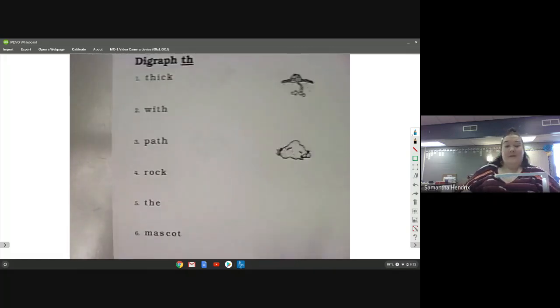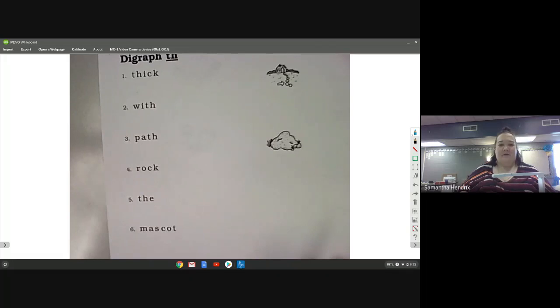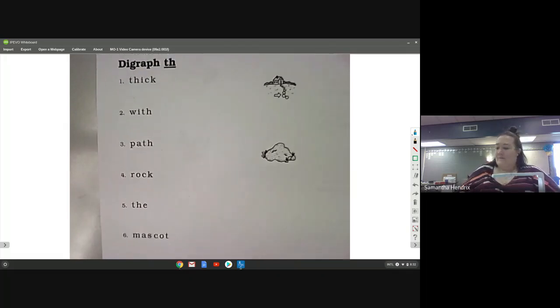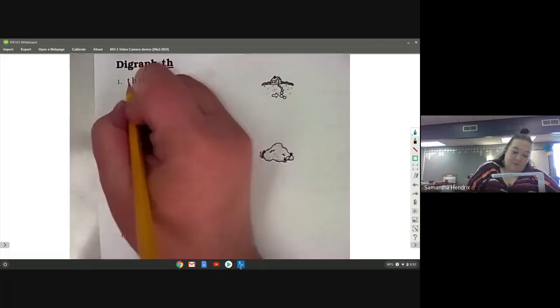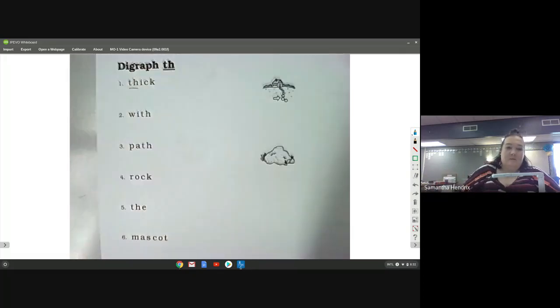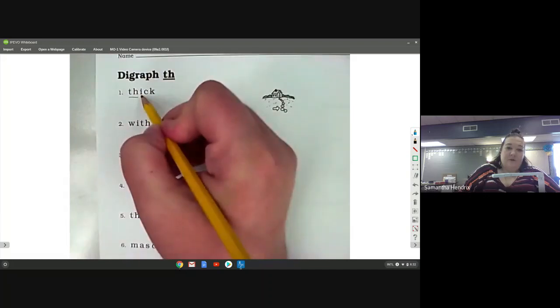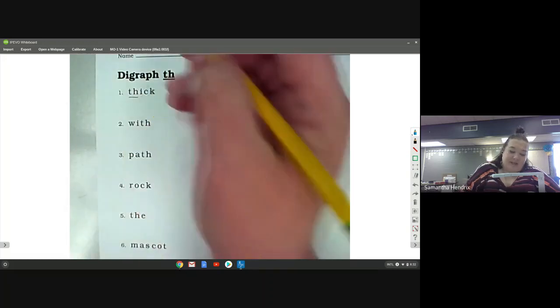Digraph TH. Underline, correct? Short because it's followed by a CK.